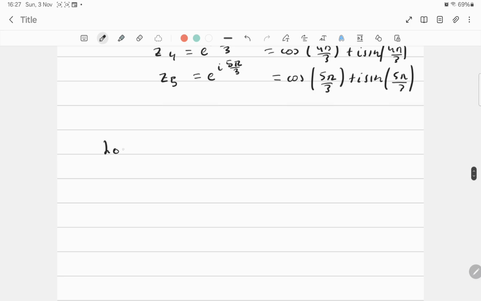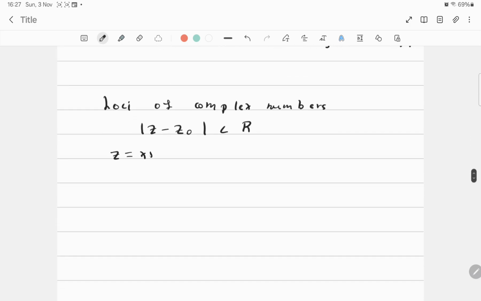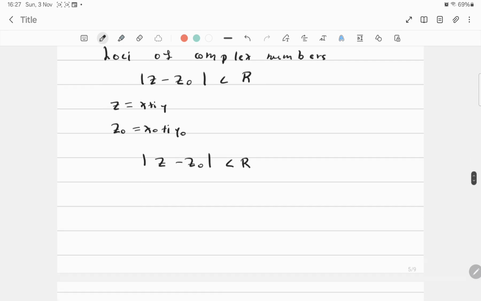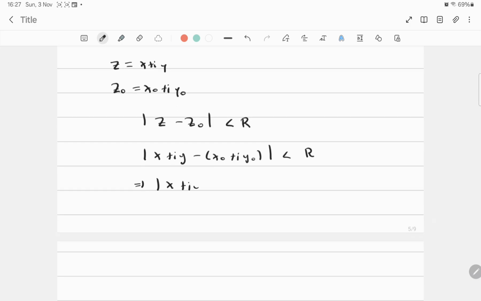Now let's go to the other part, loci of complex numbers. We have |z minus z naught| less than r. What does this mean? We put z equals x plus iy and z naught equals x naught plus i y naught. We substitute: |x plus iy minus (x naught plus i y naught)| less than r, so |x plus iy minus x naught minus i y naught| is less than r.